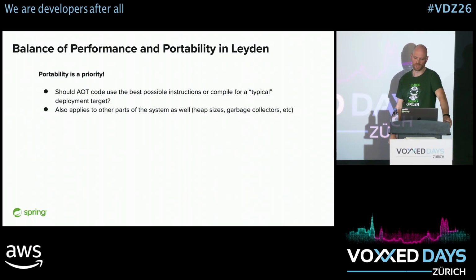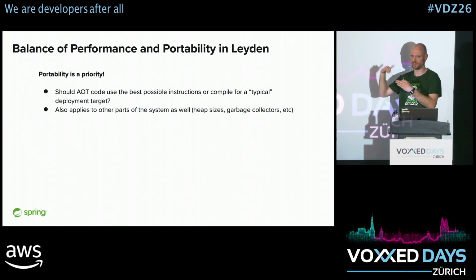This also applies to other parts of the system, like heap sizes, garbage collectors, and stuff like that. Because a JVM doesn't always use G1. If you give it a small enough heap, or only one CPU, it defaults to Serial GC, for example. And if you run your training run on your developer machine with a very small heap or only one CPU, then the machine code generated by the JIT often interacts with the GC.